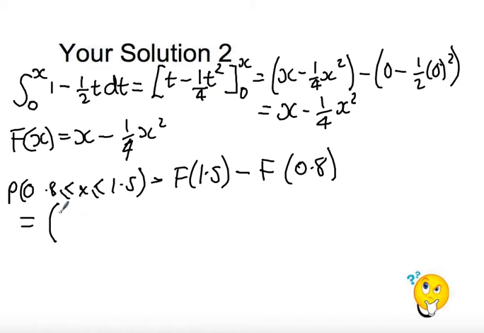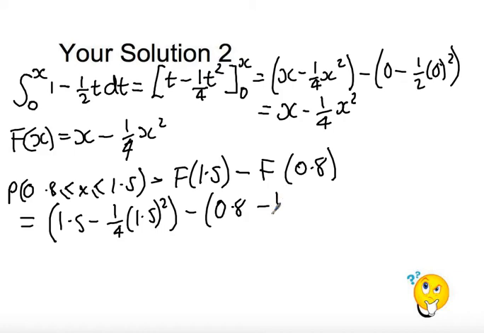So we're going to get 1.5 minus a quarter times 1.5 squared, minus 0.8 minus a quarter 0.8 squared. Stick this into your calculator, work through it carefully, just take your time, make sure you're making no silly mistakes. Should hopefully come up with an answer of 119 over 400.